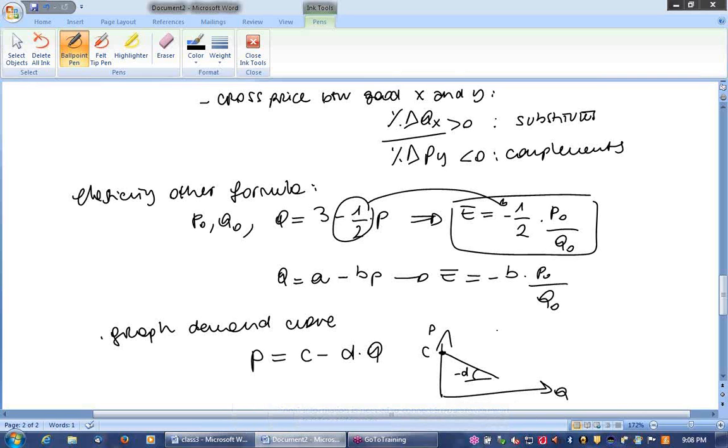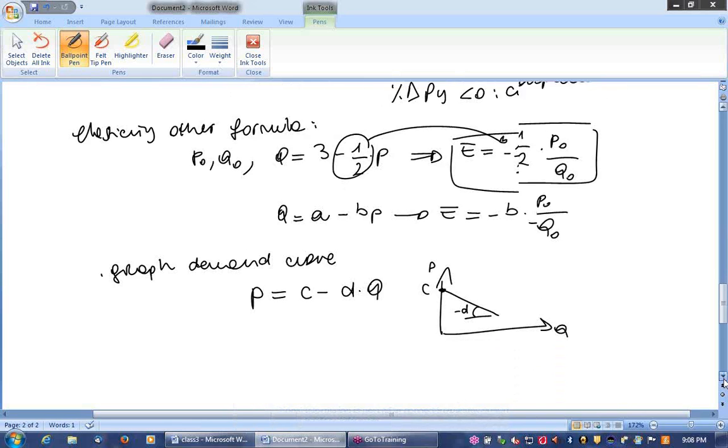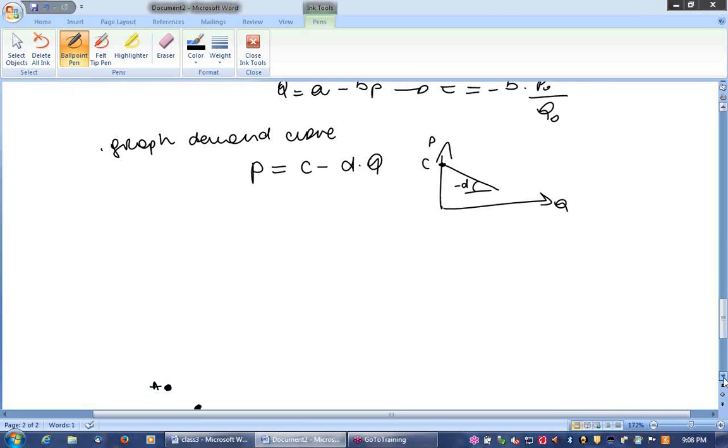Okay, and now for the monopolist problem. First and most important thing is that to find the quantity and price that maximize the profits, you need marginal revenue equal to marginal cost.